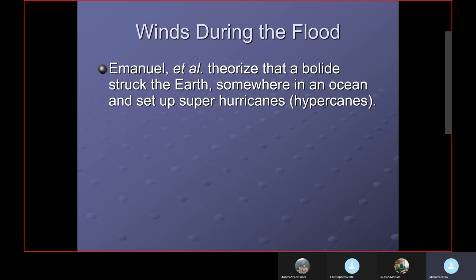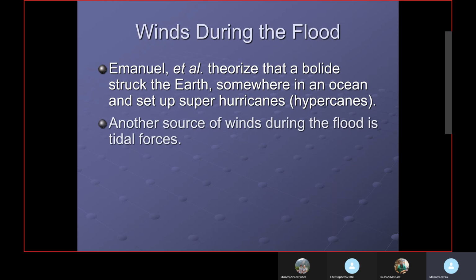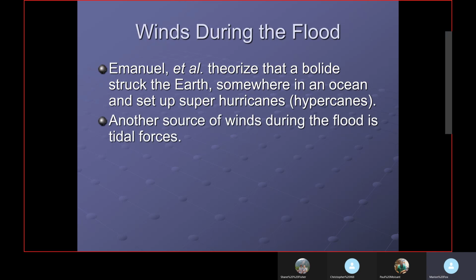So they theorized that a bolide struck the Earth somewhere in the ocean and set up super hurricanes. They call them hypercanes. And of course, the bolide would be hot as it comes in. But if the bolide happened to be a chunk of ice, it'd be cold. So again, we have a number of factors here that can offset this heating effect of the water falling.